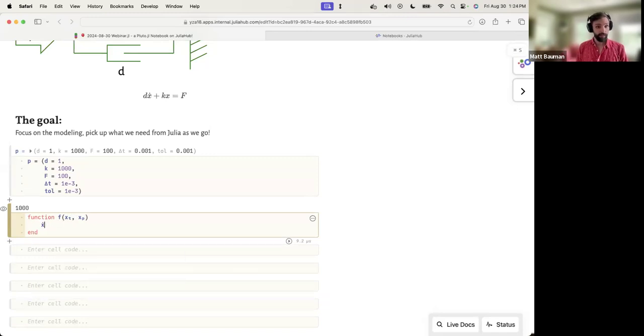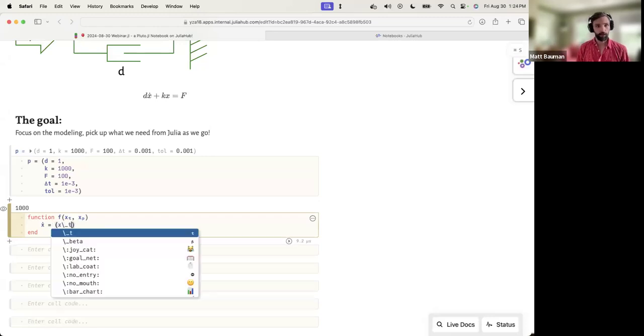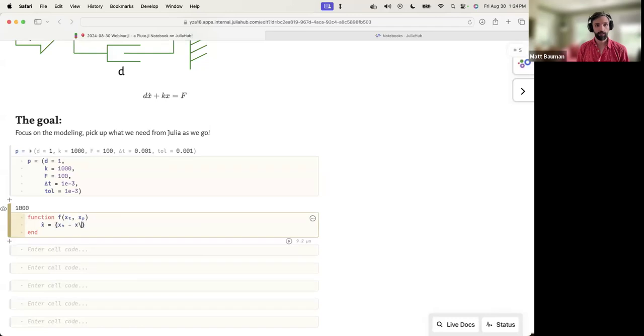You can implement this in Julia as a nice little way of representing our derivative of x. It's just going to be the difference between x at our current time point minus x at our previous time point, divided by p dot delta t. That's going to give us our finite differences. It's a really naive way of doing this, but that's okay.